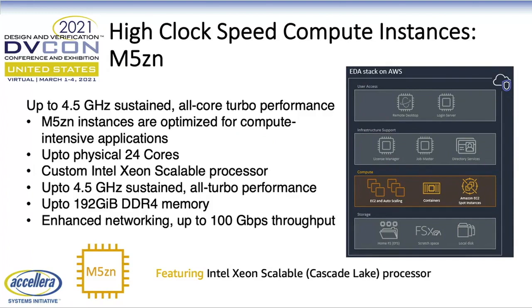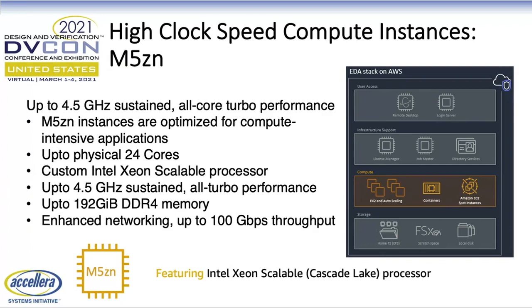Okay, and relevant to x86 instances, in late 2020, we announced the M5ZN, which has the highest clock speed compute instances. These are running at up to 4.5 gigahertz of sustained all-core turbo performance. As I said, these are optimized for compute-intensive applications, and that's the reason why we are selecting them or highlighting them for our verification topic here.